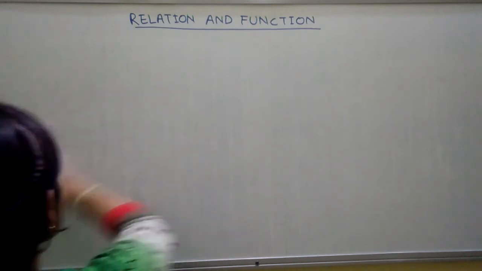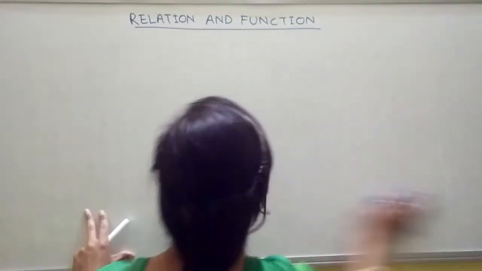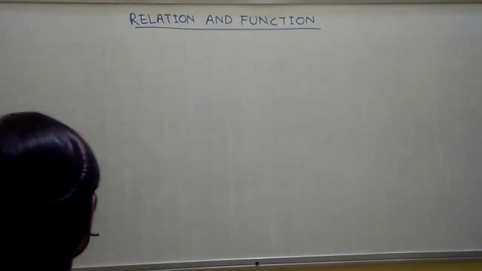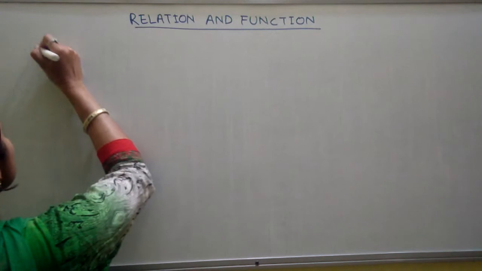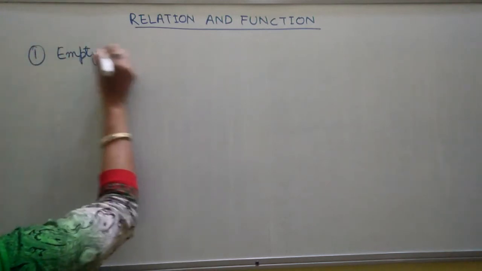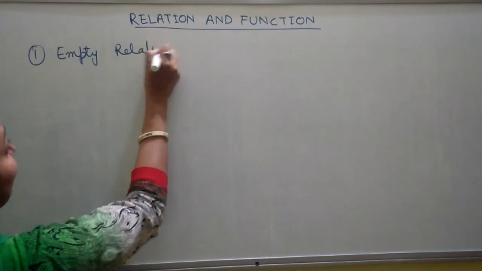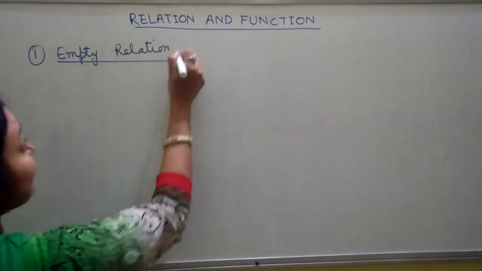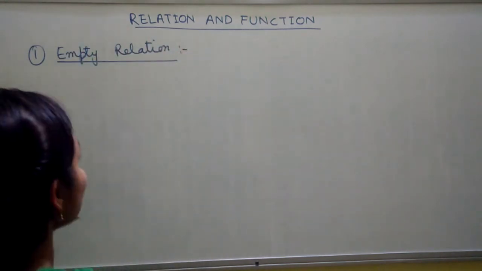There are so many, 6 or 7 types. First is empty relation. Empty means void.